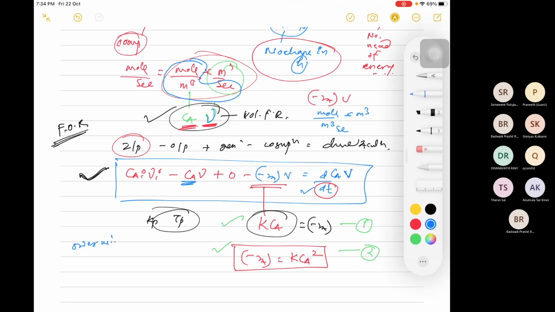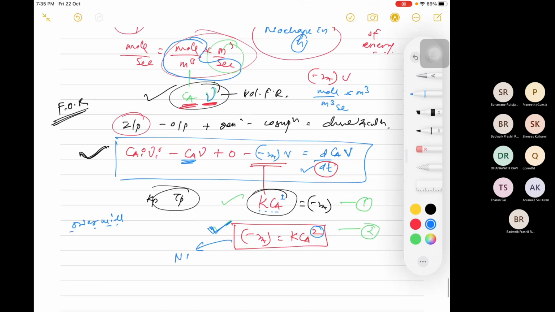So I'm assuming a first order reaction carried out in a CSTR. Instead of that, I'm taking a second order reaction carried out in a CSTR. But please compare here. Here the power of CA is 1. Here the power of CA is 2. If I substitute this, your equation will become a non-linear differential equation.